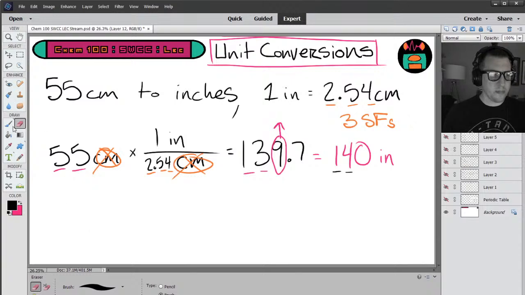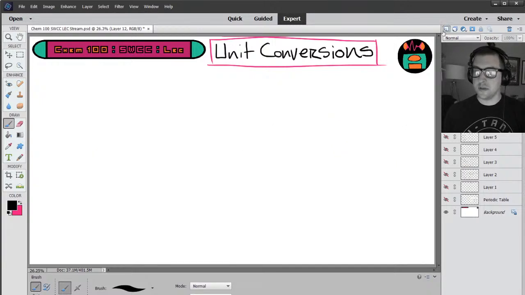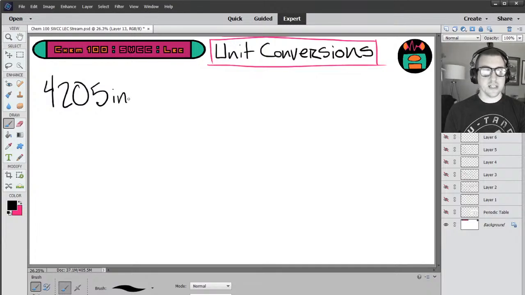All right. Let's do another example. One last one. Let's convert 4,205 inches to centimeters.